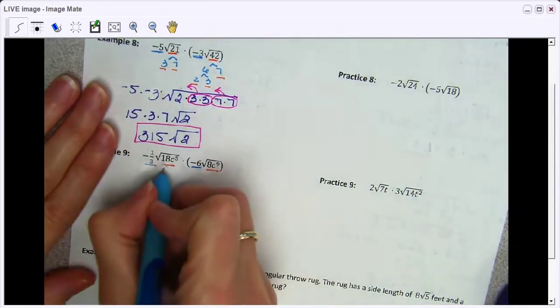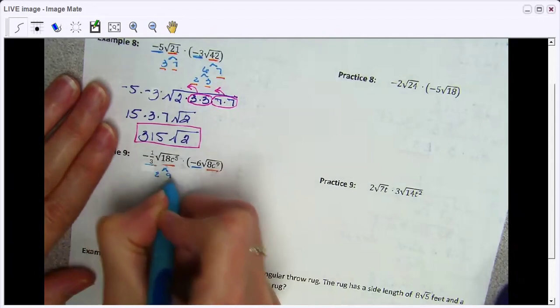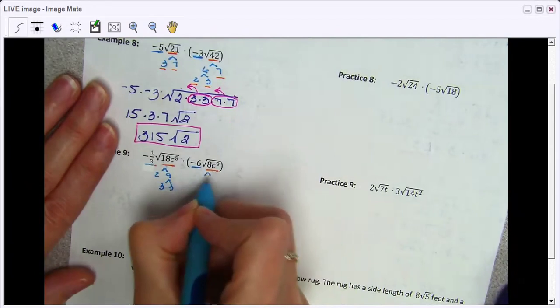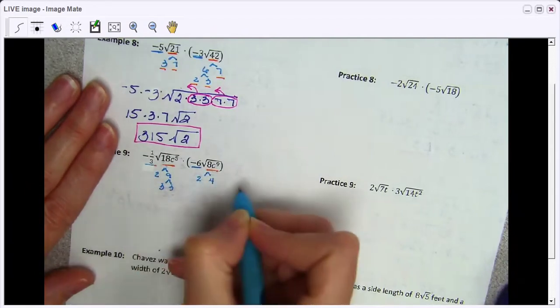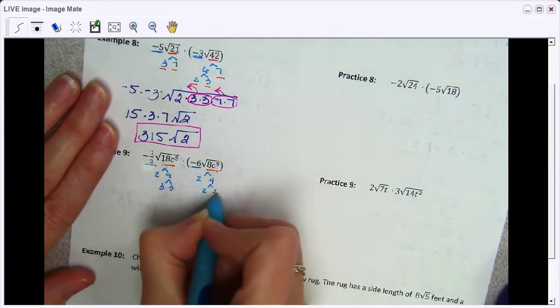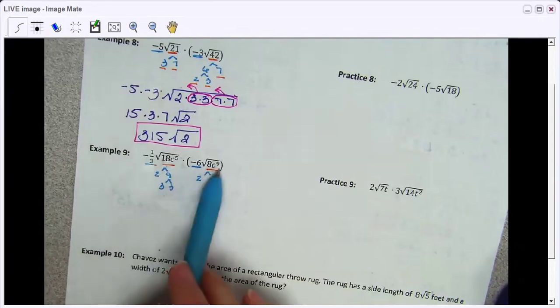So 18 factors out to 2 times 9, and then 9 factors out to 3 times 3. 8 factors out to 2 times 4, and then 4 factors out to 2 times 2. And then I can't forget my variables, okay?